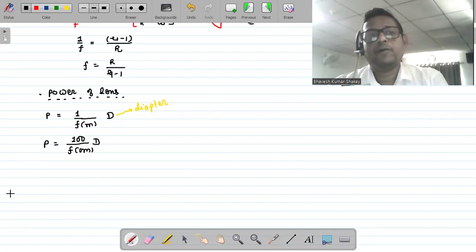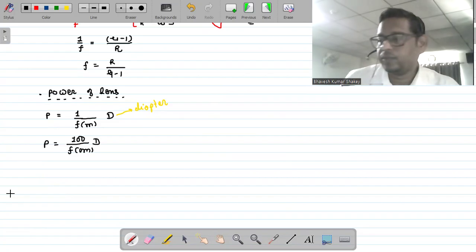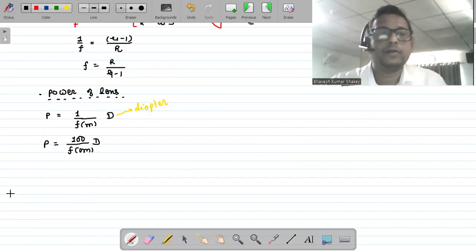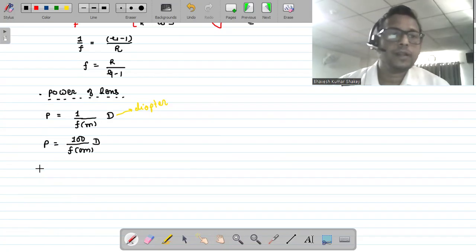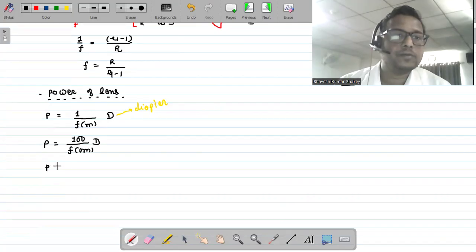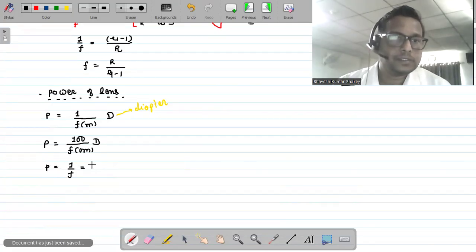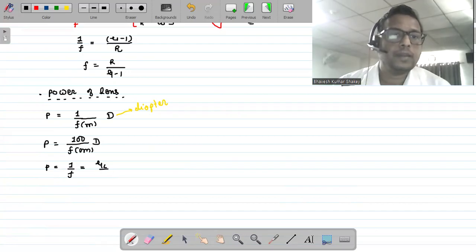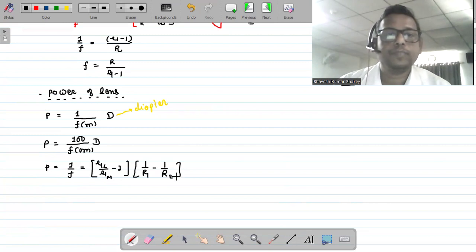The SI unit of power of lens is the diopter. I can write the lens maker formula also, P is equal to 1 by f, which is equal to mu l divided by mu m minus 1, times 1 upon R1 minus 1 upon R2.